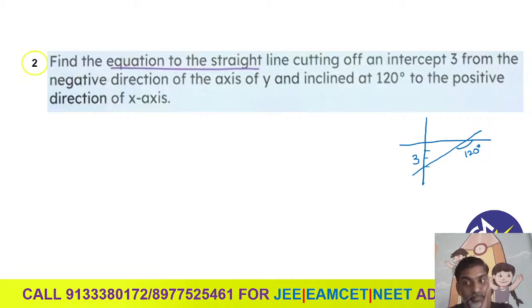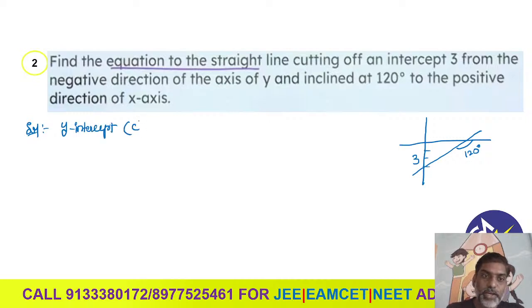Okay, now y-intercept. So what is the y-intercept here? Y-intercept c is equal to minus 3, and then theta is equal to 120 degrees. Then we have a slope. What is the slope here?